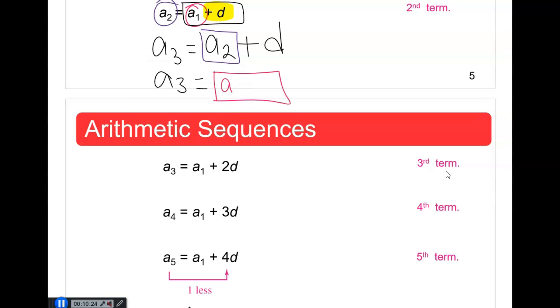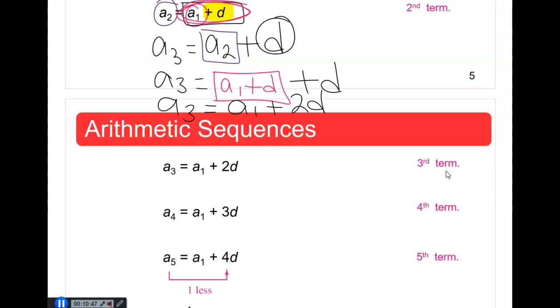a sub 1 plus d. So I got that from here. But we cannot forget that we have an extra d here. And so if we combine like terms, we have d plus d, which will be equal to 2d. And that is what we have here.